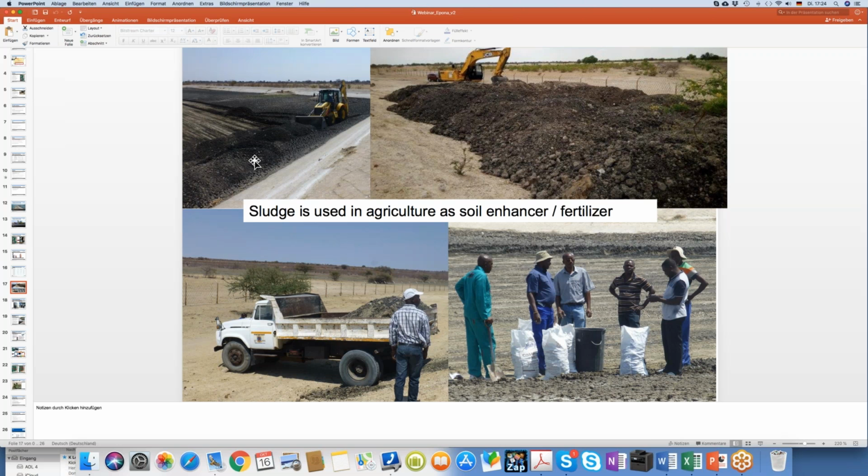Sure, this is the question, and this is why this research project came into existence, because of all these ponds. When they are full of sludge, then it's such a huge effort to desludge them that people usually shy away, and then nothing works anymore.